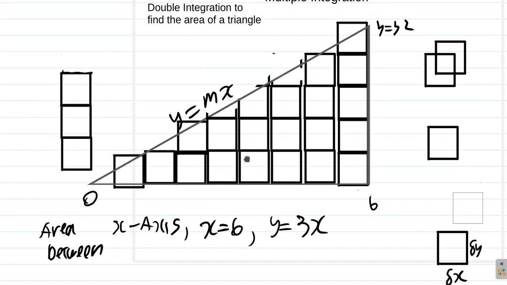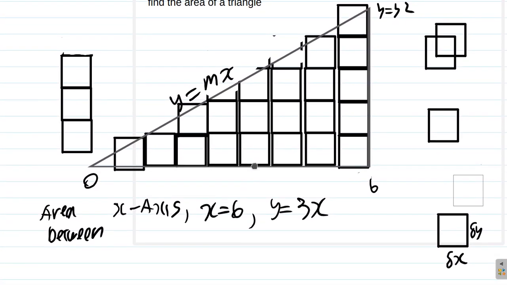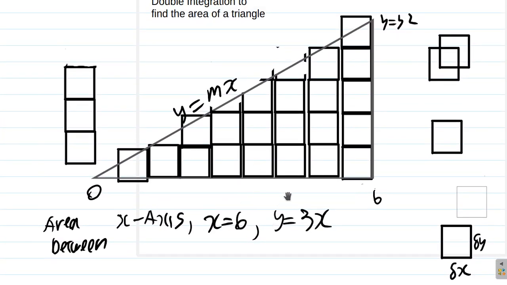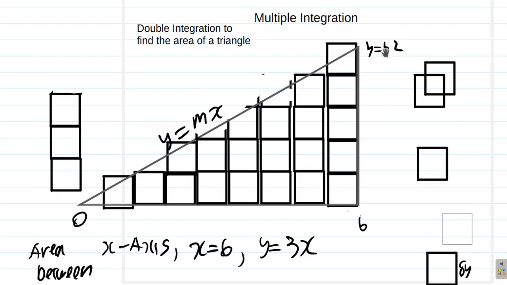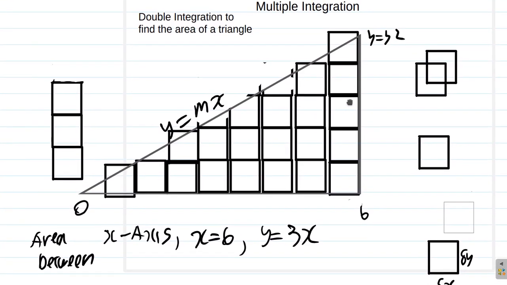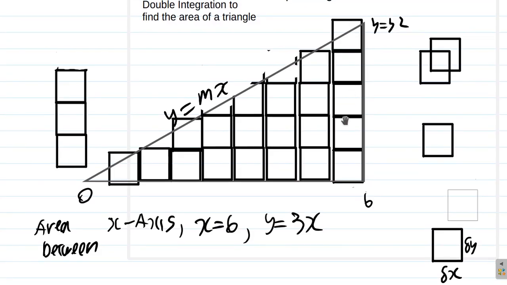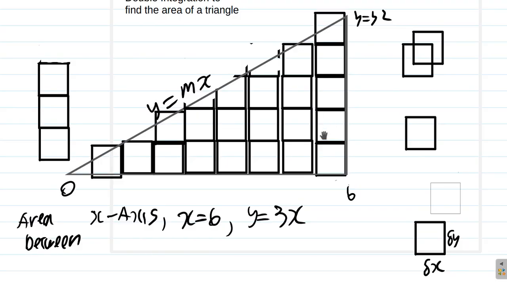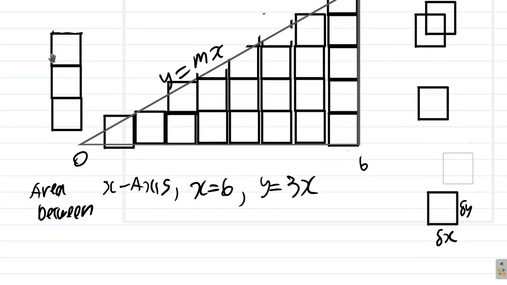Now, you want to find out how far up y goes. Right? If you were to do it by the usual method, half base times height, you'd have to have the vertical height.